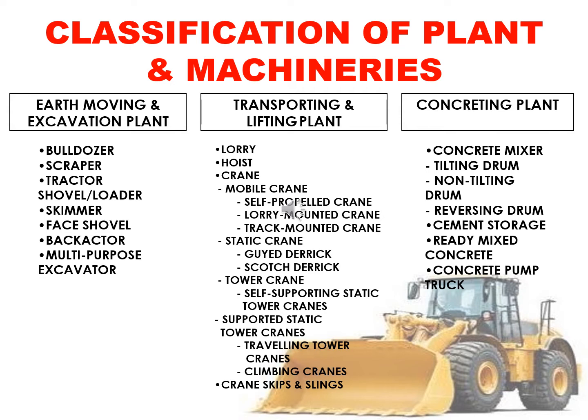The examples for transporting and lifting plant are lorry, hoist, crane, which consists of mobile crane, static crane, tower crane, supported static tower cranes, and the examples for concreting plant are concrete mixer, cement storage, ready mix concrete, and concrete pump truck.